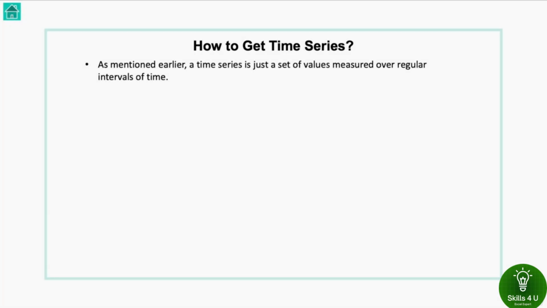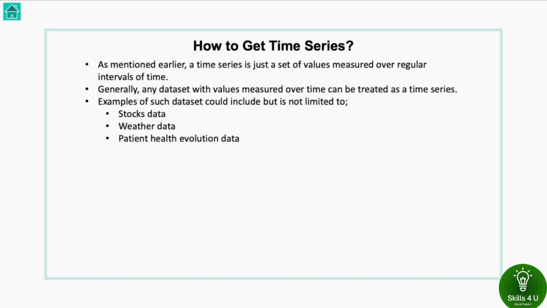A time series, as stated earlier, is just a series of data measured over regular intervals of time. Thus, speaking in terms of pandas, any series containing values measured at different time intervals is a time series.